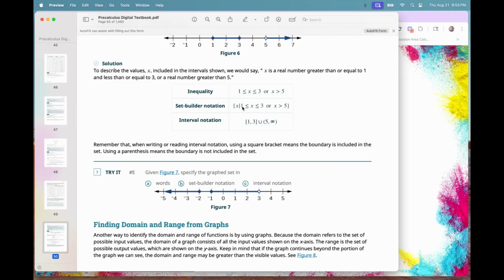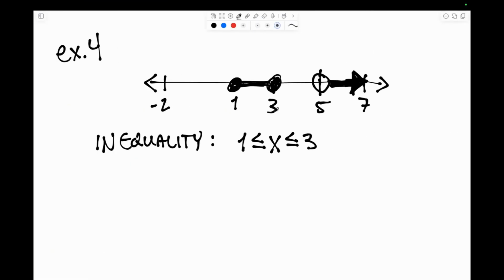They're using the word or. Or x is greater than 5.